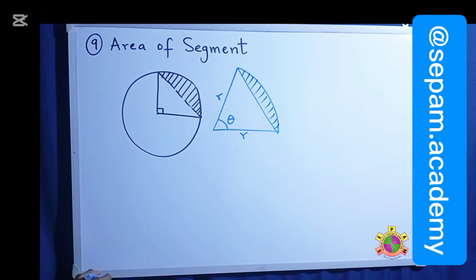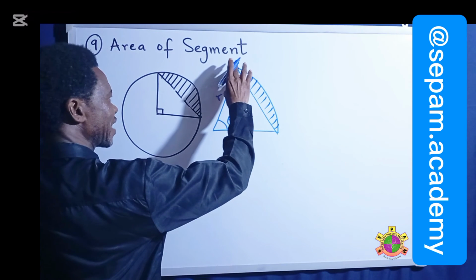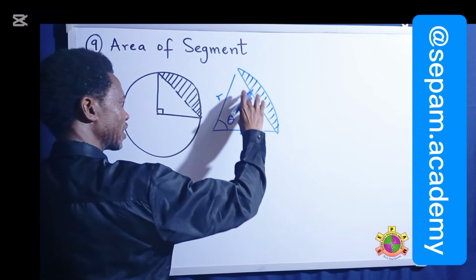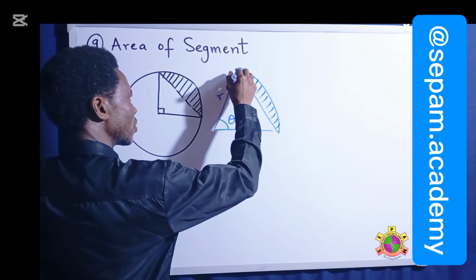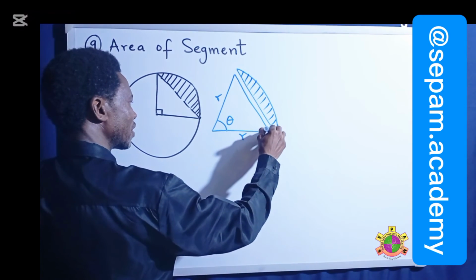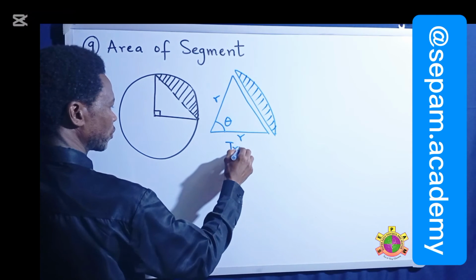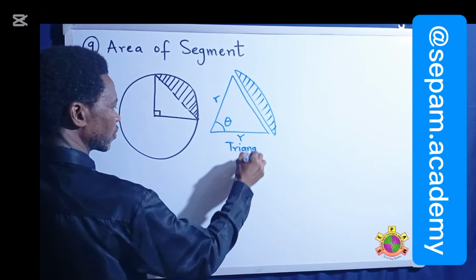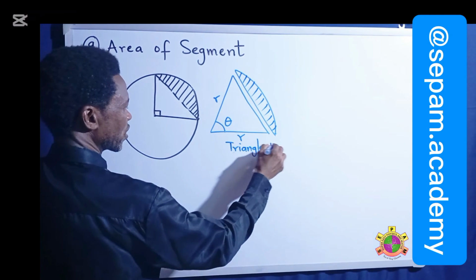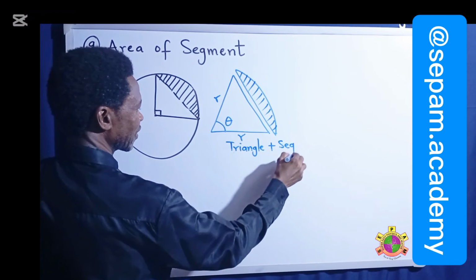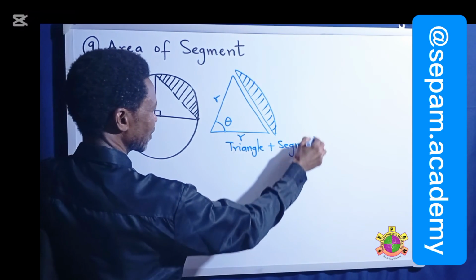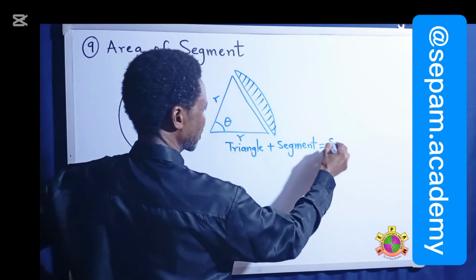So let's do this: you have triangle plus segment to give you sector.